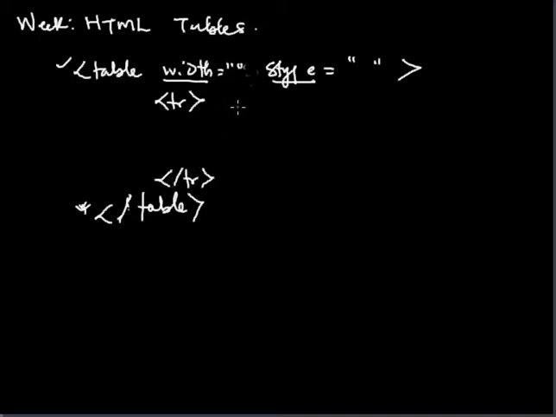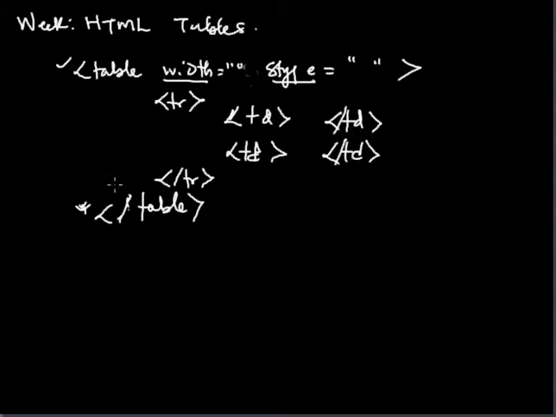Then the TD, the table cell, TD, that caters for the table cells. We could have another TD. That means table data. TD means table data. And that's what gives the opportunity to be able to write something down. You close it and you close it.